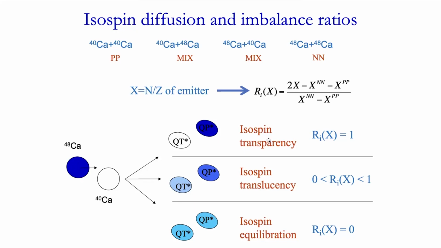You would have R equals 0 when you have equilibration, so complete stopping and total redistribution of the neutrons and protons. And if you have something between 0 and 1, then you are in the situation of isospin translucency. It's very easy to deduce this from this formula, so don't go into the detail. This is the important thing to remember.